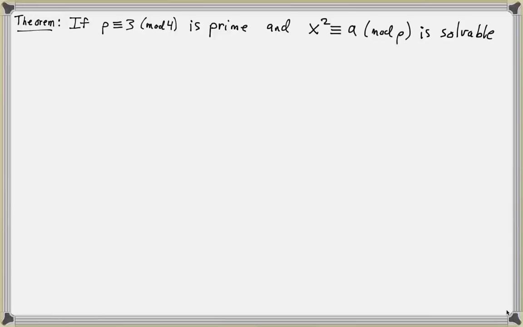So if p is prime and congruent to 3 mod 4, and we know that x squared congruent to a mod p is solvable, then a solution is given by x congruent to a to the power p plus 1 divided by 4.